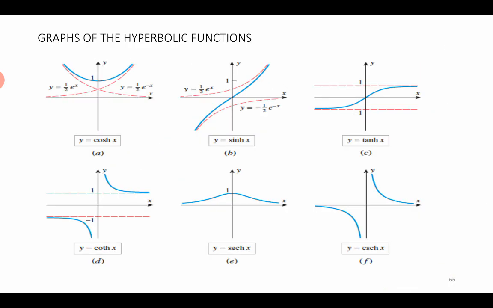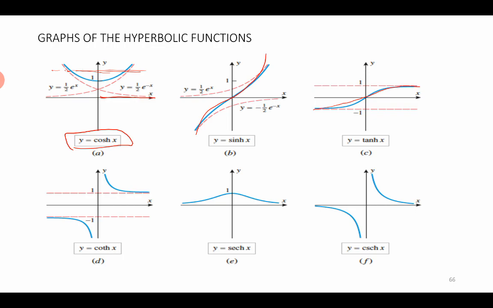Now the graphs of all 6 functions. You see the graph of cosh. It will fail the horizontal line test. In general it is not 1 to 1, but if you restrict the domain to x from 0 onward, it is 1 to 1. But sinh is 1 to 1, tanh is 1 to 1, and coth and csch are all 1 to 1.